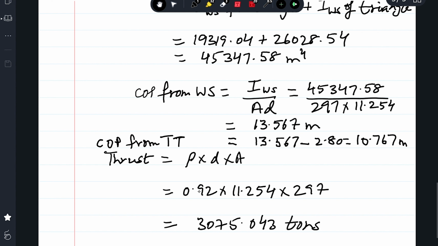So I_WS we found here, this is the one, 45347.58. The total area of the bulkhead is the area of the rectangle plus the area of the triangle, which is 297, and we just found the depth of the centroid of the bulkhead below the water surface, 11.254.